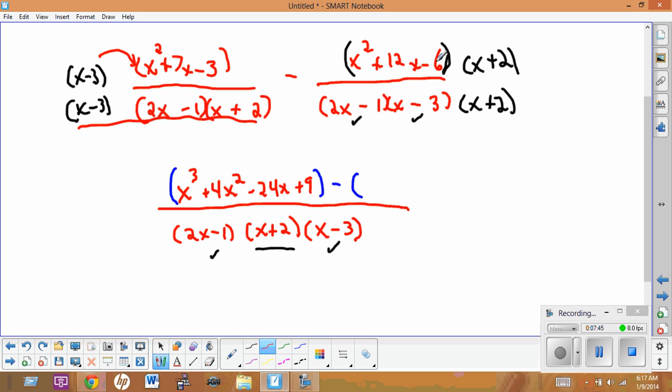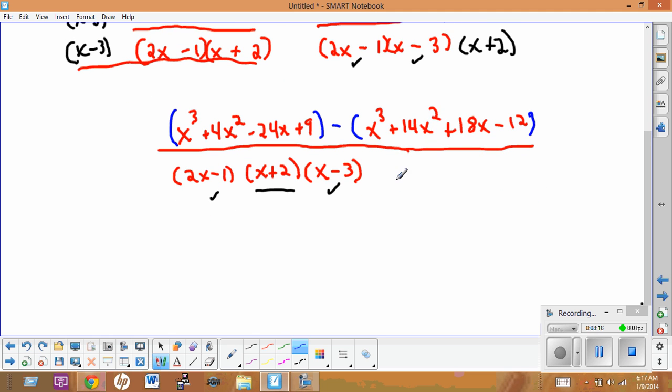After doing my multiplication using the distributive property, I got x cubed plus 14x squared plus 18x minus 12. Let's extend the bar over, close our parenthesis, and we now have a common denominator, and all we have to do is simply subtract the numerators.